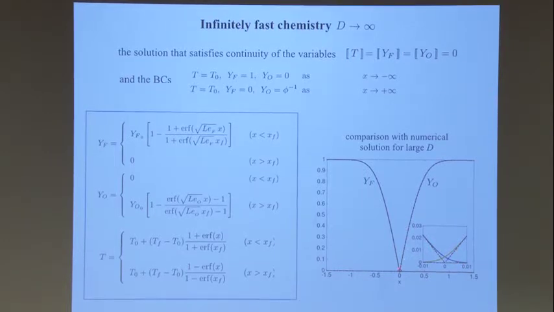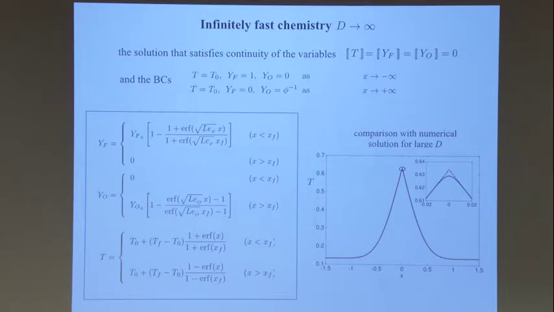So in fact, the solution can be computed numerically to go smoothly through the reaction sheet and be totally consumed. Of course, to do this computation, you have to take extremely small steps in order to resolve that region properly, otherwise you miss it, right? Okay, so this is that, and this is for the temperature, same as before.